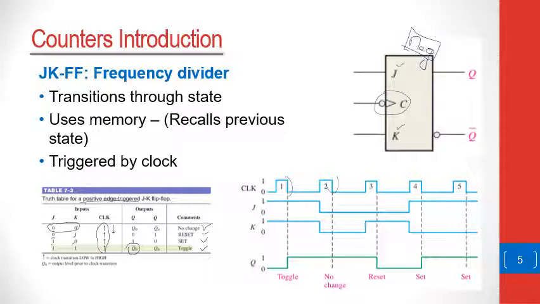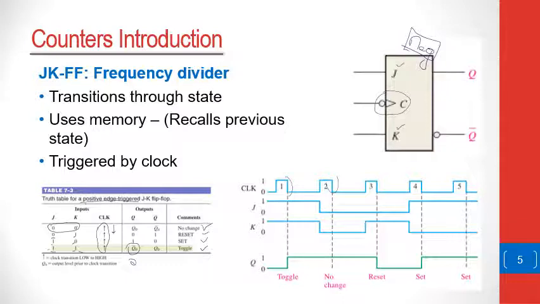If on the other hand, the JK flip-flop inputs are both 1, the transition that it will go to is toggle. So it will depend on what it is storing. If it was previously storing a 0 and the inputs are 1, 1, the next output will be a 1. If it was storing a 1 and the inputs are 1, 1, the next output will be 0.